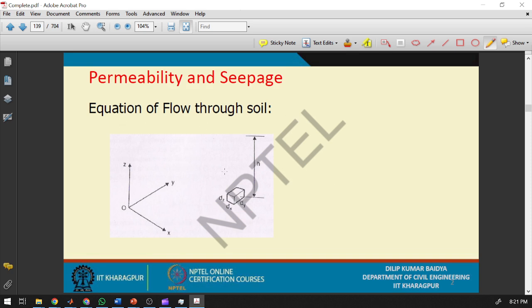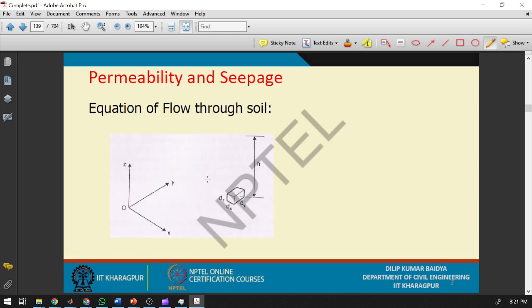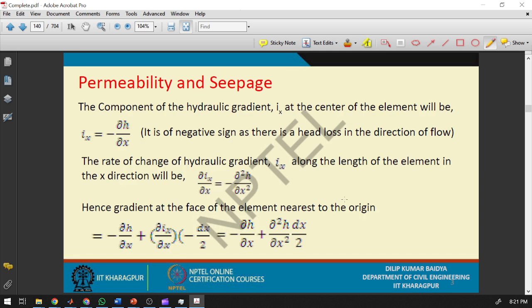Equation of flow through soil. This is how we used to do the continuity equation. We take a small unit volume, and we talk about the flow, and then we impose the equilibrium conditions, and from there we will get the flow through the material.